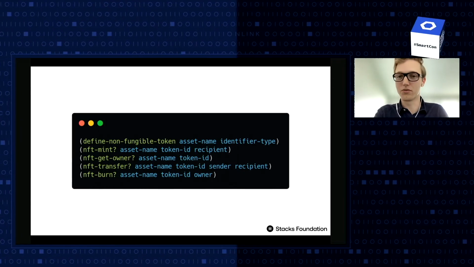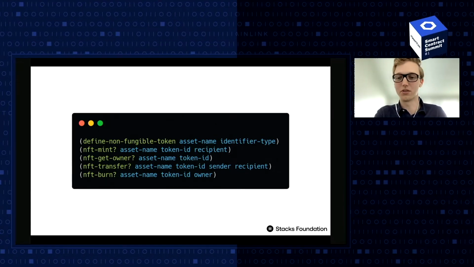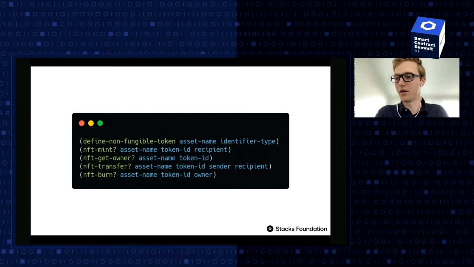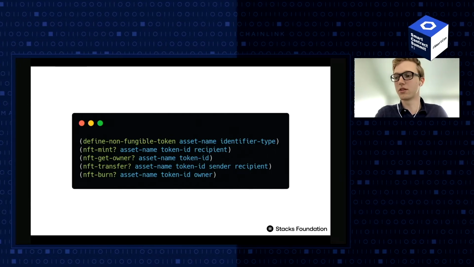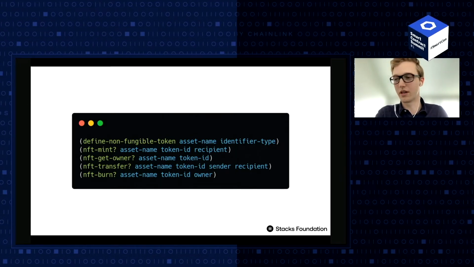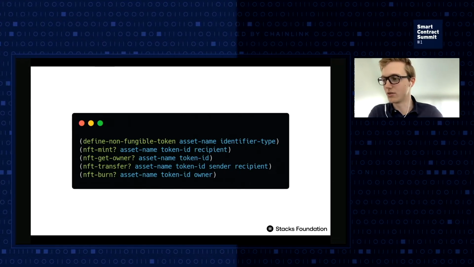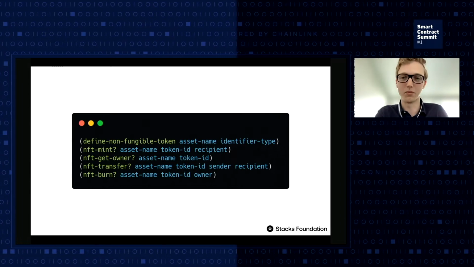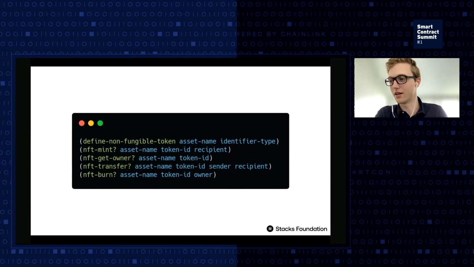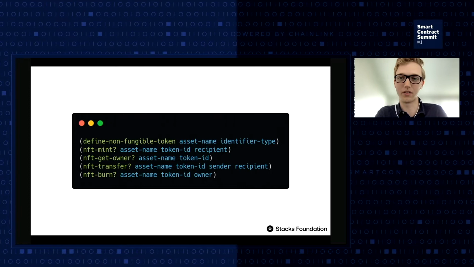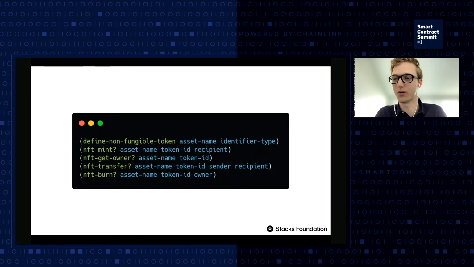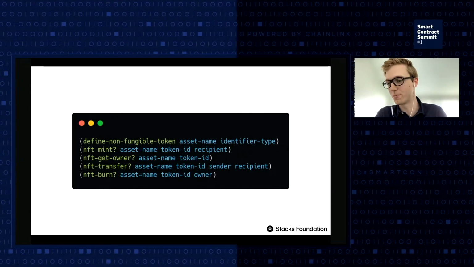Clarity has a few built-in types, and next to unsigned integers, of course, there are signed integers, buffers, and strings. So you could choose a different identifier type based on the type of NFT that you're building. Let's say you're doing a decentralized name system application, you could choose an identifier type that is an ASCII string or a UTF-8 string, for example.